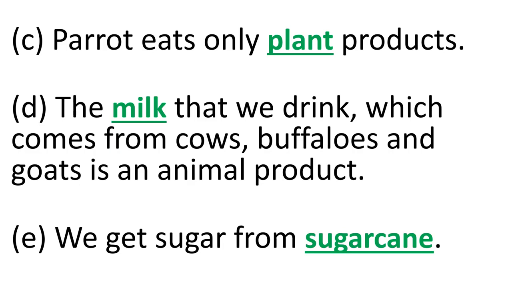C. Parrot eats only plant products. D. The milk that we drink, which comes from cows, buffaloes, and goats, is an animal product. E. We get sugar from sugar cane.